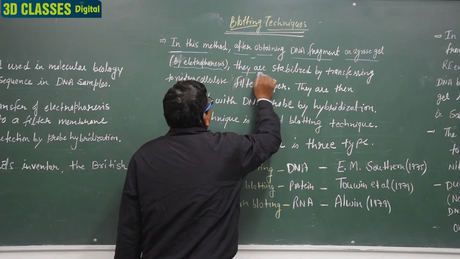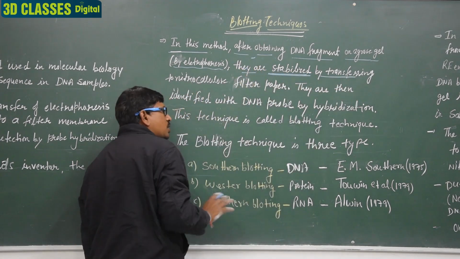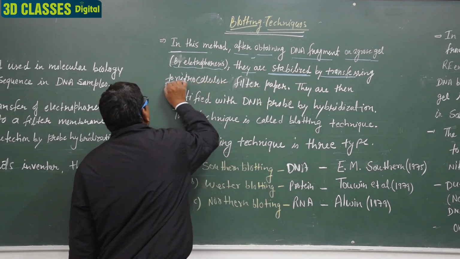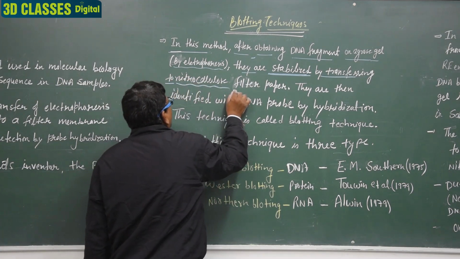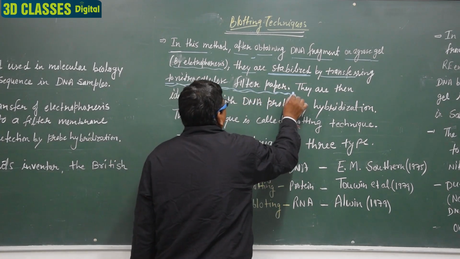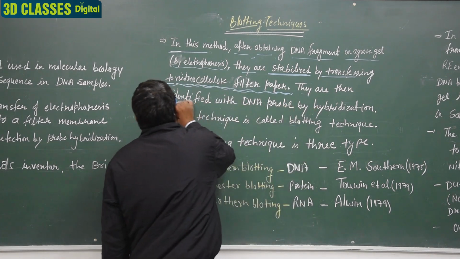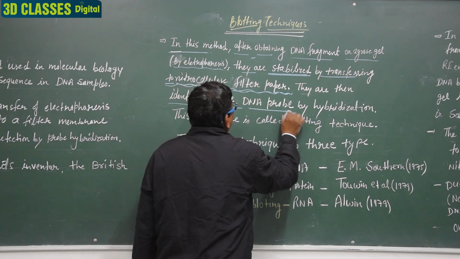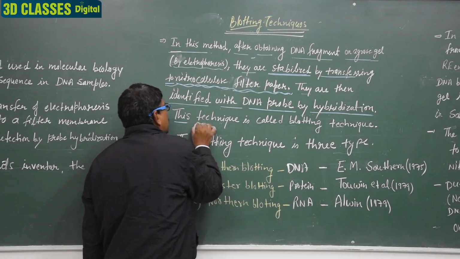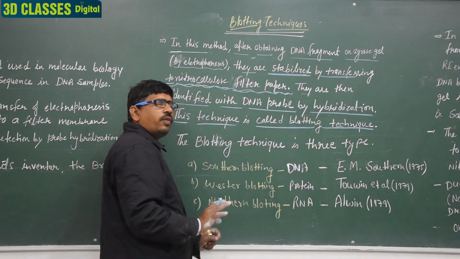In the gel they are not stable, so we stabilize them by transferring them to nitrocellulose filter paper or nylon sheet. They are then identified with a DNA probe by hybridization. This technique is called the blotting technique. Very simple process.